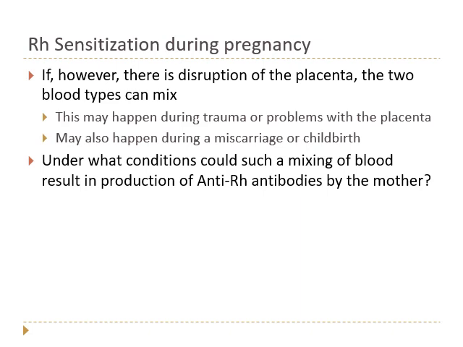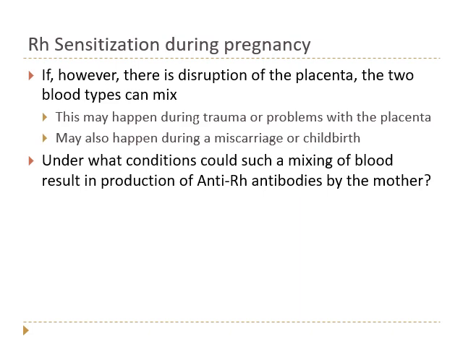So now we have to ask ourselves, under what conditions could this be a problem? Under what conditions might the mother make anti-RH antibodies? So first of all, you will only make antibodies against something that you don't have.